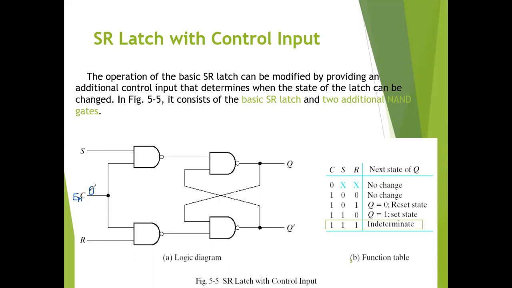When the enable input goes from 0 to 1, it will allow the SR latch to change its states. And when enable input goes to 1, information from the S or R input is allowed to affect the latch. The set state is reached with S equal to 1 and R equal to 0, and enable or control input equal to 1.